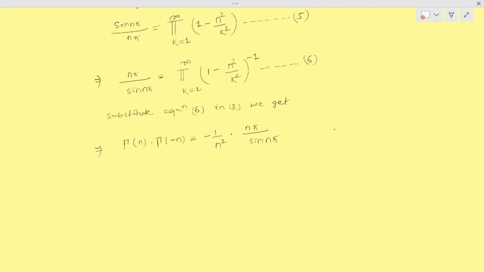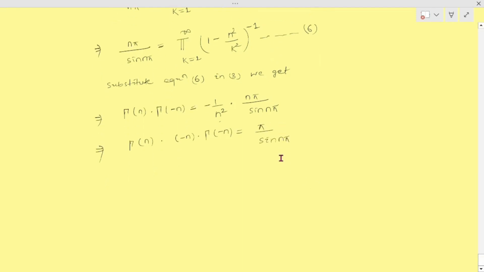So that implies, here you can see, n got cancelled, one n got cancelled, and minus n will be multiplied with this one. So I can write gamma n into minus n into gamma minus n will be equal to pi by sine n pi, right?